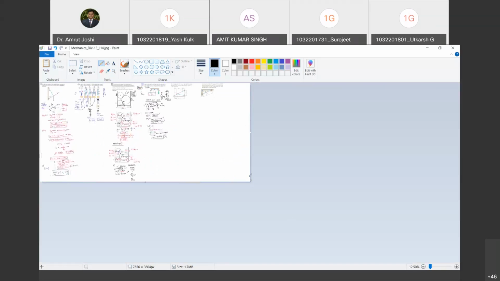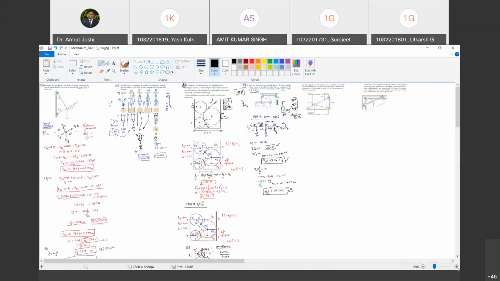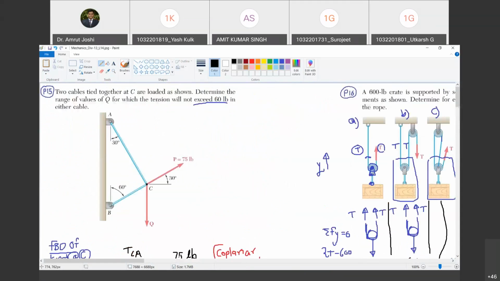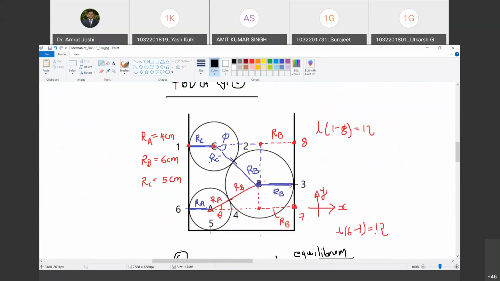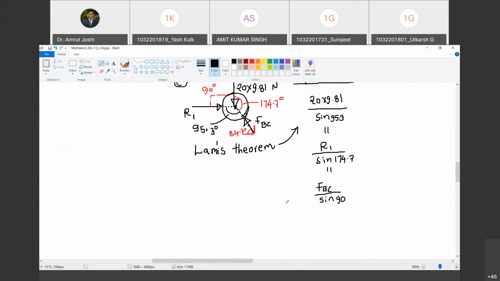Give me a minute. So this implies R1 equals, and FBC.